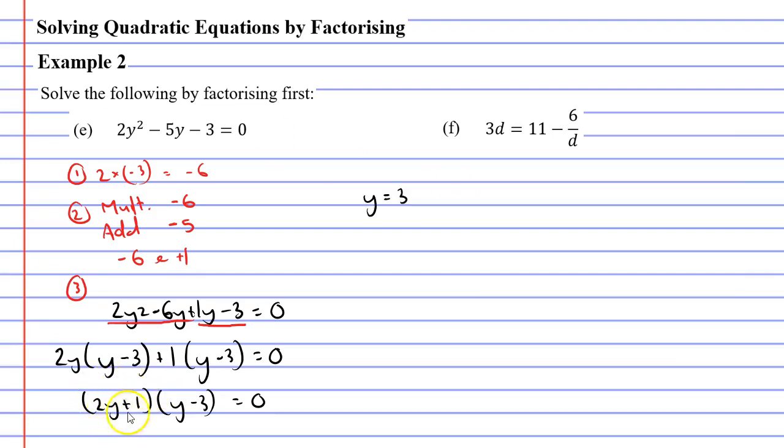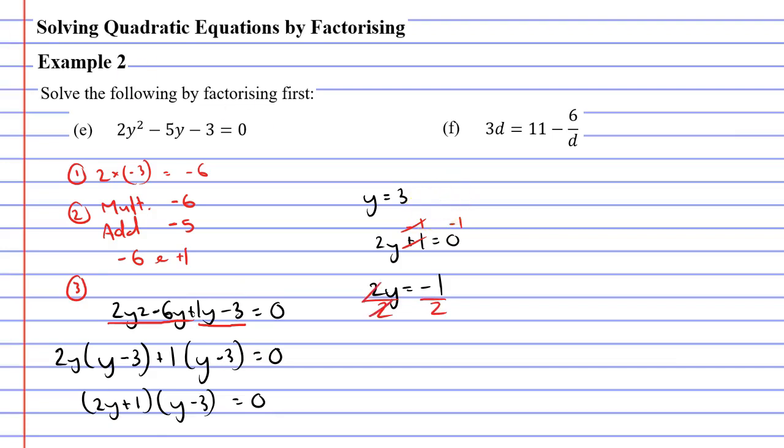Our second set of brackets present more of a challenge. We need to make 2y plus 1 equals 0. So we'll write that down. 2y plus 1 equals 0, and we're just going to solve it for y. We'll subtract 1 on both sides of the equal sign, leaving us with 2y equals negative 1. We now divide both terms by 2.